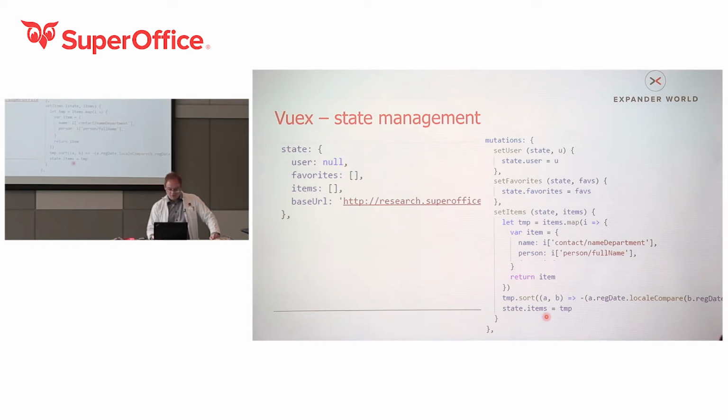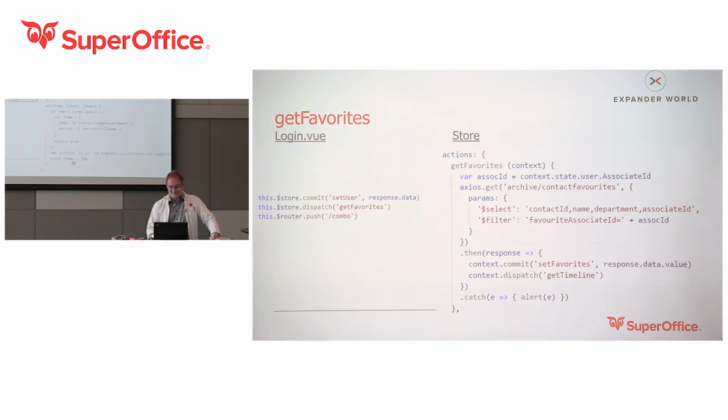So we still haven't talked about the back end. Where is the back end coming in? We have these actions, so this is where things get interesting. In the login view, we say commit set user with a user object, and then we say dispatch getFavorites. That triggers this action called getFavorites here, and passes in the context, which is basically the state object again.